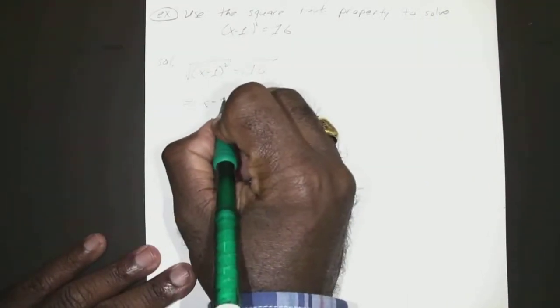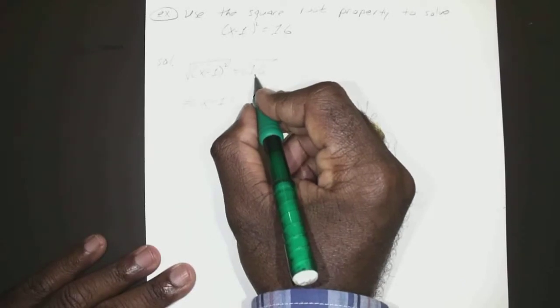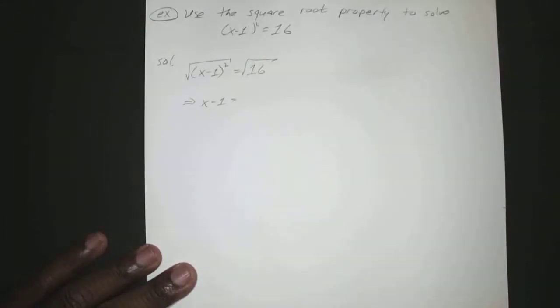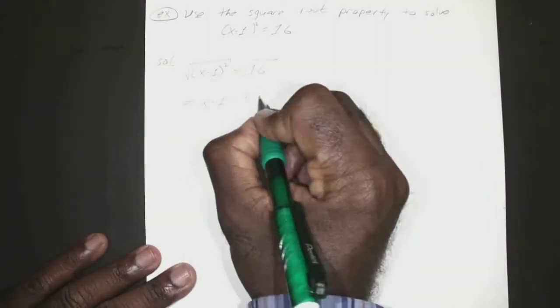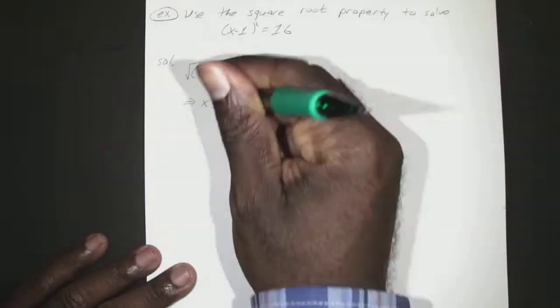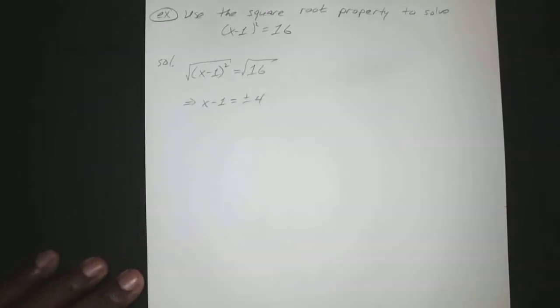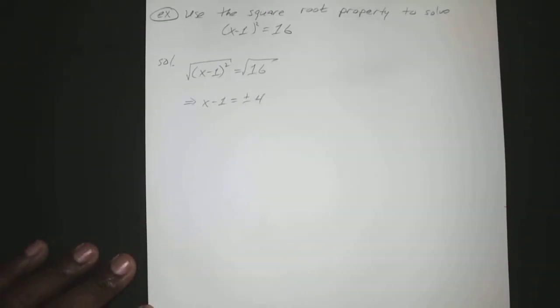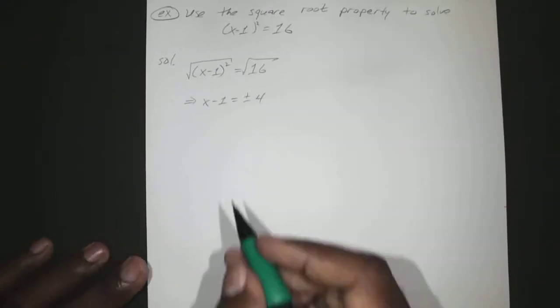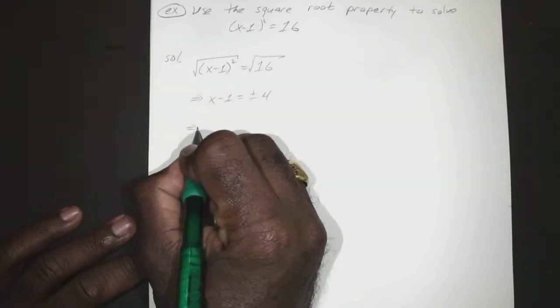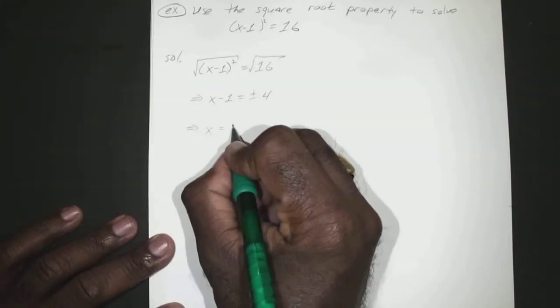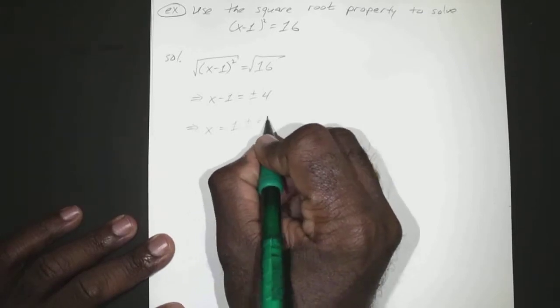So you just have x minus 1 equals the square root of 16, which is positive or negative 4. Now you just solve for x by adding 1 to both sides. So x equals 1 plus or minus 4.